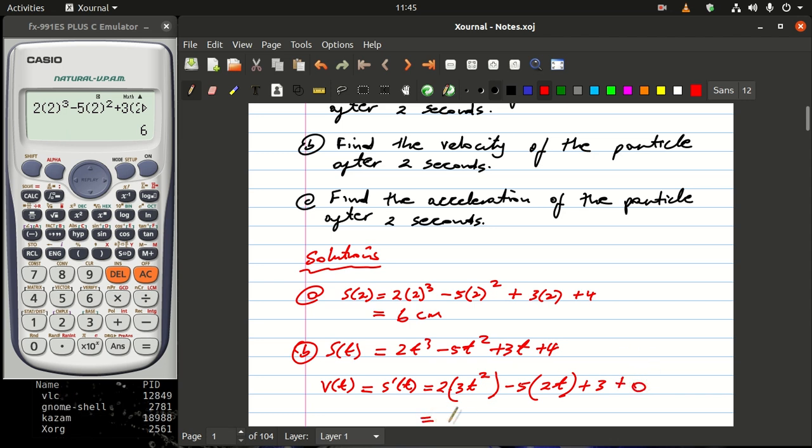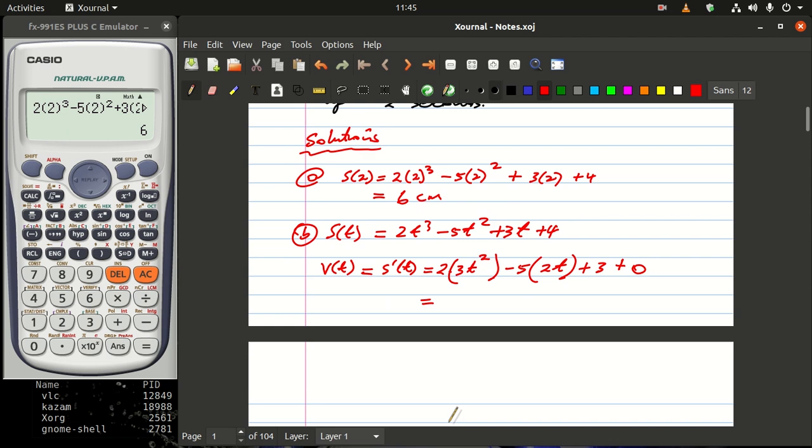Of course, if I proceed here, you will find out that I will end up having 2 times 3, which is 6t squared, minus 5 times 2, we know that is going to be 10t, and then for this one here, I know that is just going to be a plus 3. Just to double check, this times that is a 6, and then t squared, and then this one times that is a 10 and a minus 10t, and then this one is just a plus 3.